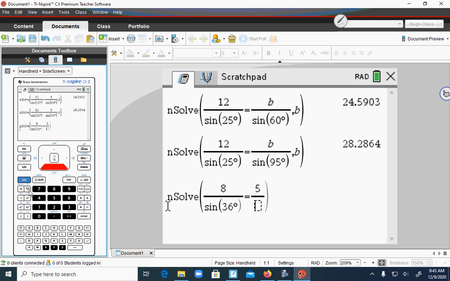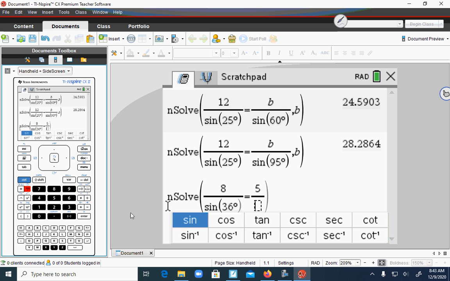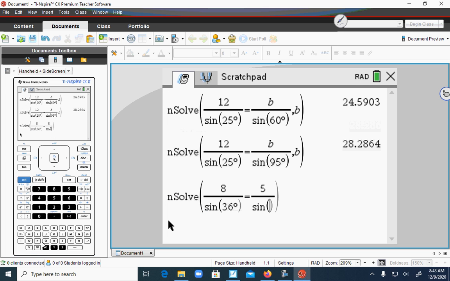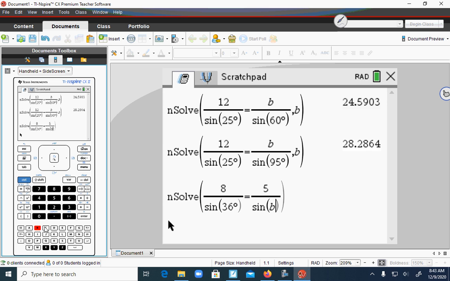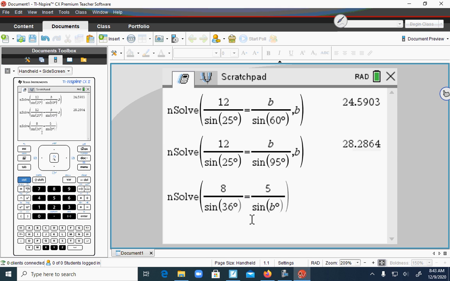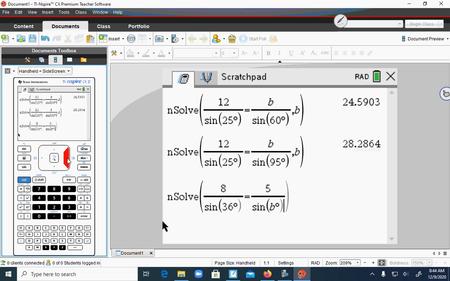And then in the denominator, I'm going to put sine of the letter B, and I'm just going to use lowercase b, but I want my answer in degrees, so I'm going to tell my calculator I want the answer in degrees by putting that degree symbol with B. And then I'm going to hit comma and just the letter B. So notice you have to put the degree symbol here when it's in the equation.